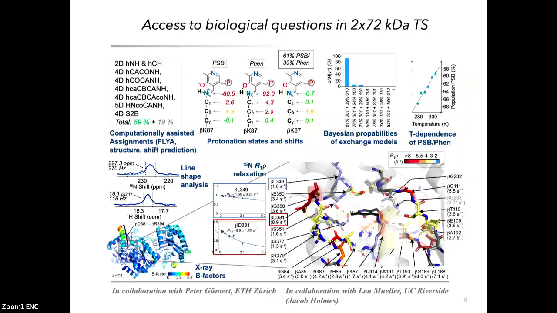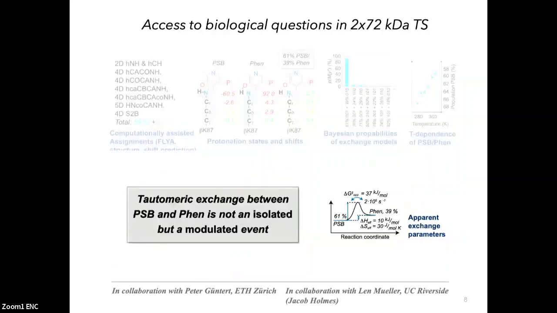All of this together, and I don't want to go into details here due to time, tells us that we have a tautomeric exchange, and this tautomeric exchange has a signature with a microsecond time scale, which is way slower than what you would expect for an isolated tautomeric exchange for a proton that hops between two sites that are so close to each other. So this is an event that is not isolated but modulated by the overarching electrostatic conditions that change when the protein has some active site conformational exchange.